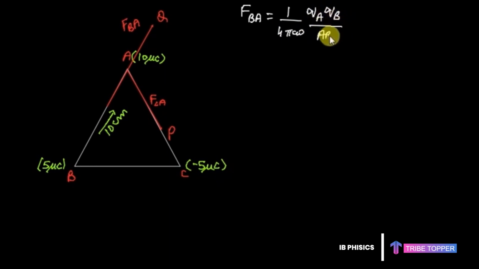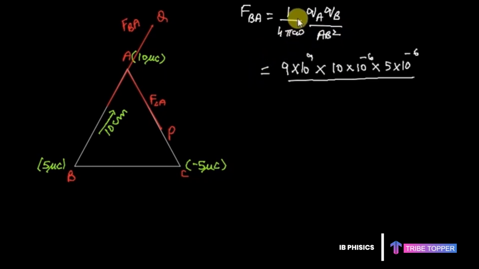So we just substitute the values and we get FBA as: 1 upon 4 pi epsilon naught is 9 into 10 to the power 9, times the charge at A, that's QA, which is 10 microcoulombs, so it's 10 into 10 to the power minus 6, into 5 times 10 to the power minus 6 as 5 microcoulombs, and upon 10 centimeter is 0.1 meter, so 0.1 square. And when you solve this, you would get 45 Newton of repulsive force, right?